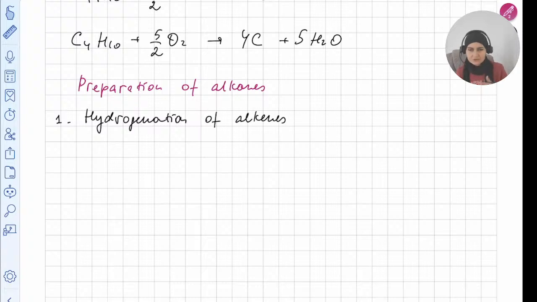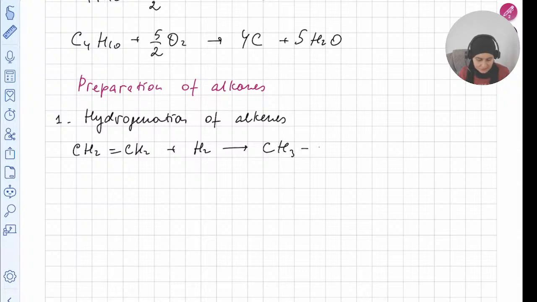So you have an alkene, let's say CH2 double bond CH2, ethene, and you add hydrogen, and this reaction goes at certain conditions, temperature, pressure, and nickel catalyst or platinum, and you get an alkane CH3CH3. So you just break the double bond, make it single, and add hydrogens.